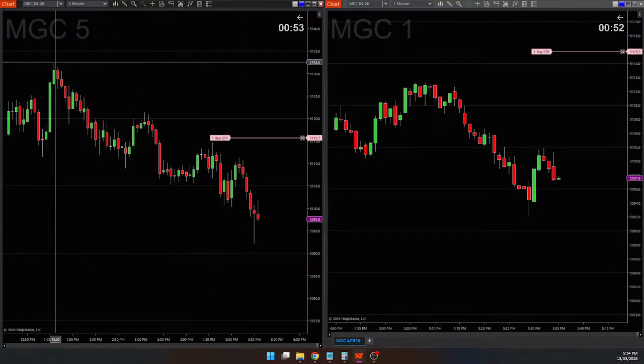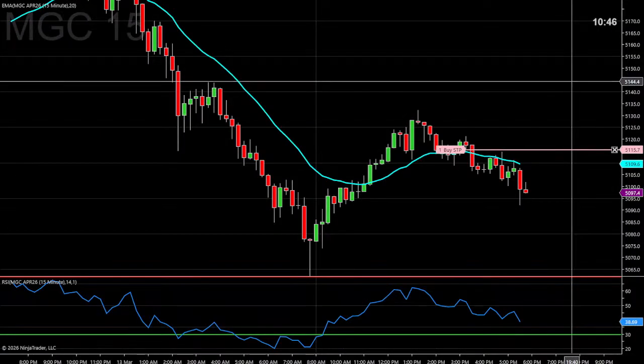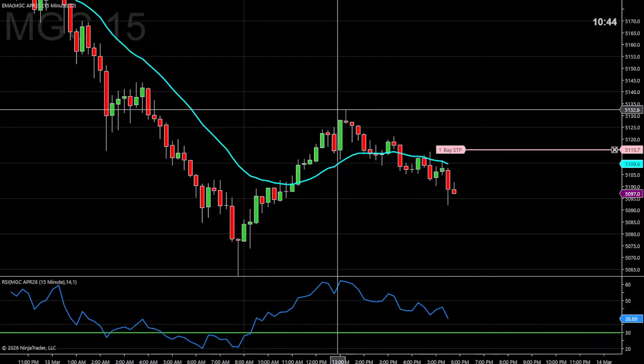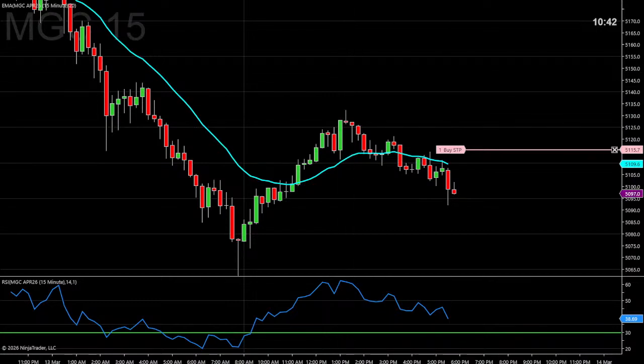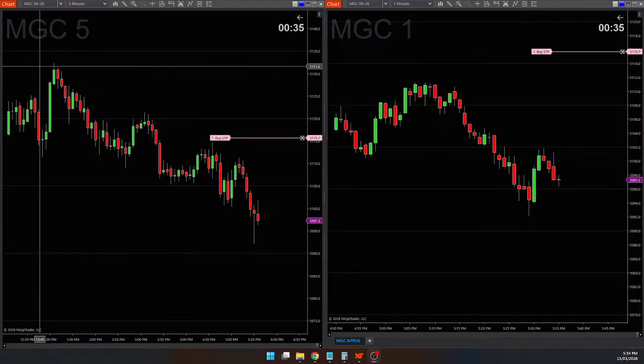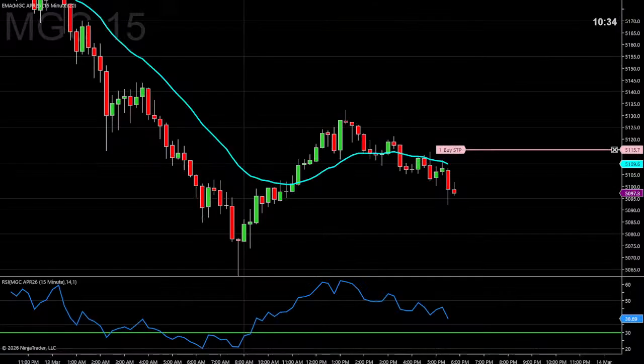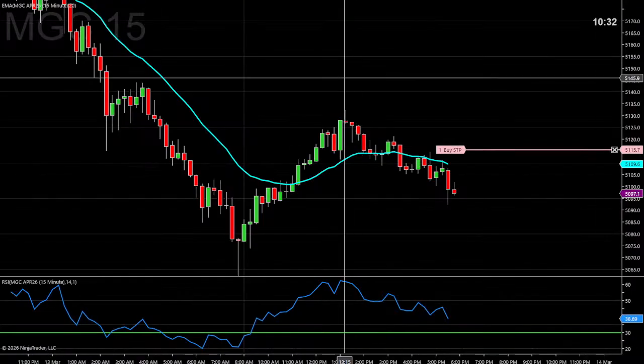So what's this level? This level is 5132 on the main chart. Where would that be? Okay, it's up here. So it's actually this point. This point on the main chart is here.